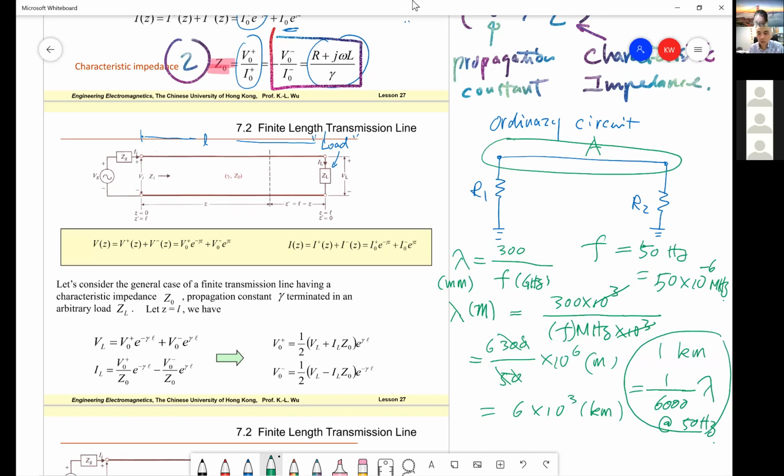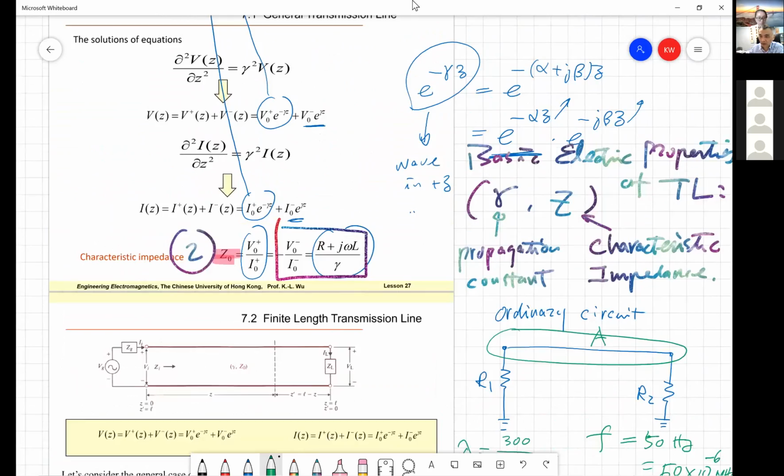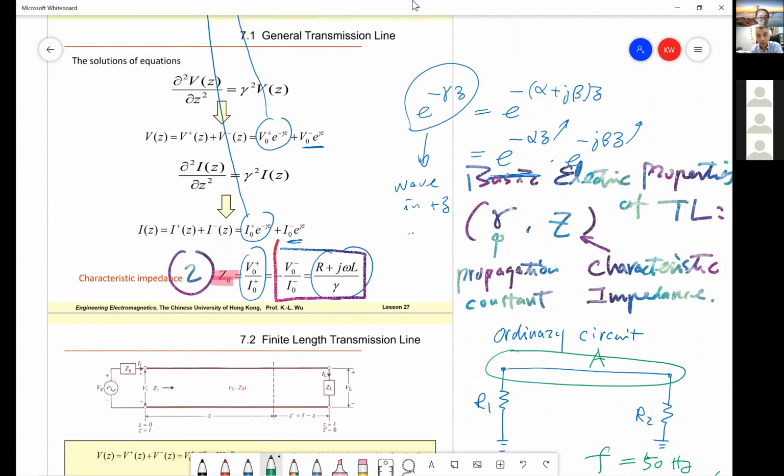Okay, but to transmission line is different. We will see. For transmission line, the length is in fractional wavelength, so that matters. We'll see why it matters. Now go back to the basic property of the transmission line. Down the transmission line, we know we have two coefficients we need to determine. The coefficient one is this voltage.